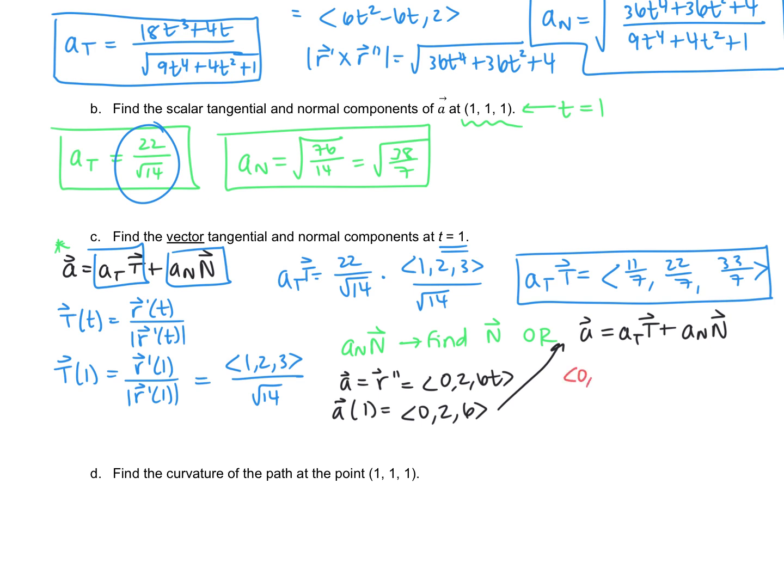So we get 0, 2, 6 is equal to this 11 over 7, 22 over 7, 33 over 7, plus the vector normal. And when we subtract, we get our vector normal to be negative 11 over 7, negative 8 over 7, and 9 over 7.